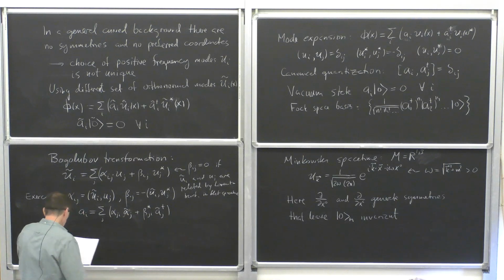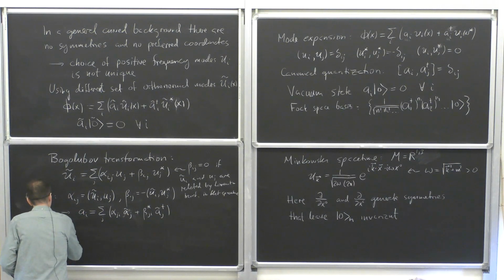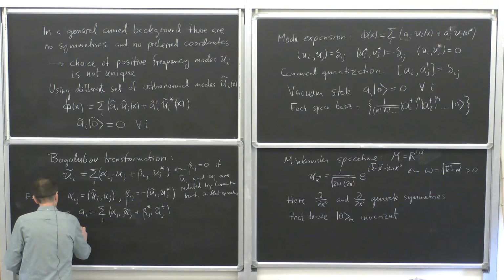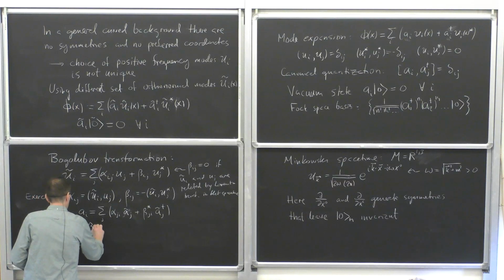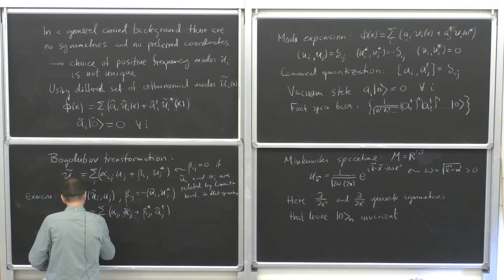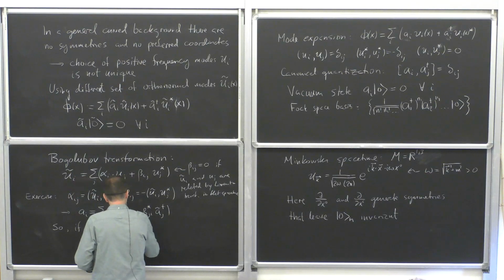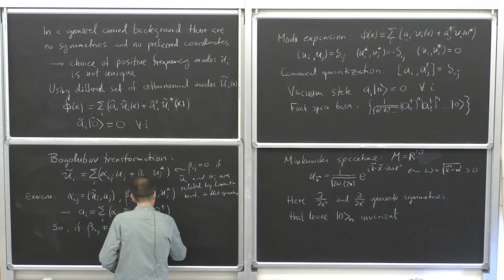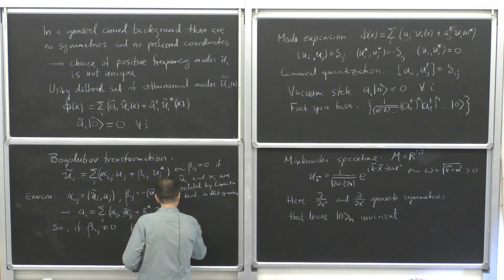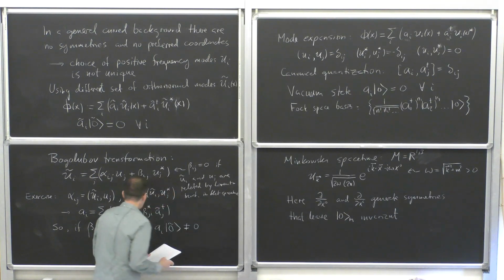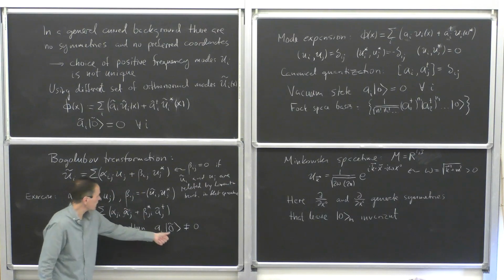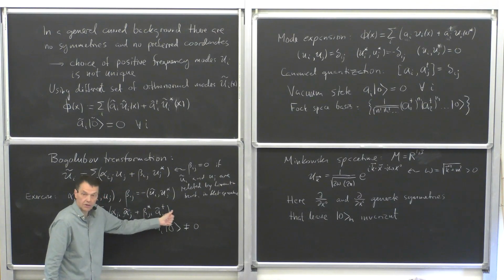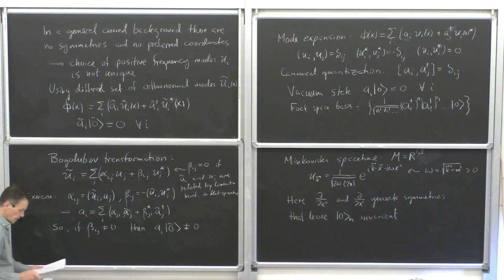So if the beta coefficients ij are non-vanishing, then what we can say is that a_i acting on the other vacuum is not going to be 0, right? Because if I act on these guys, they will all annihilate this one, but these guys will not.